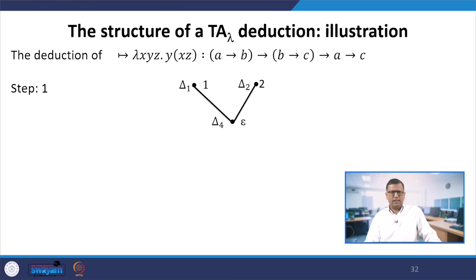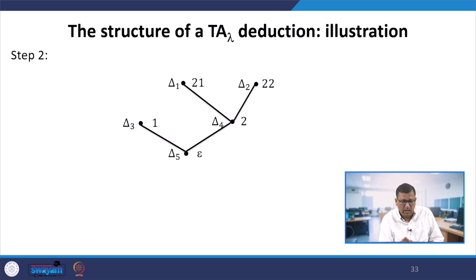Now, as before we will be moving in steps. First this application part we are doing. Delta 1 and delta 2 we are considering. So, we get this delta 4, then again there is an application. Delta 3 and delta 4 give us delta 5. Again you see the position labels have changed, this 2 is added all throughout.